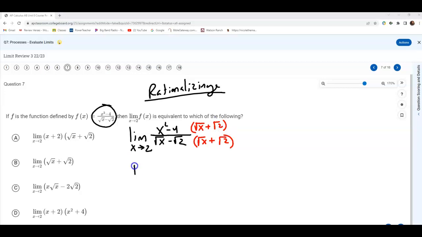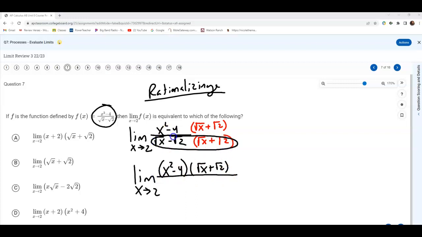And when you do that, first of all, in this case, I'm not going to actually multiply anything together on the top. I'm just going to leave them separate. But on the bottom, we are going to multiply. And since these are what we call conjugates, all you have to do is do the first two multiplied together, which is x, and the last two multiplied together, which is 2.